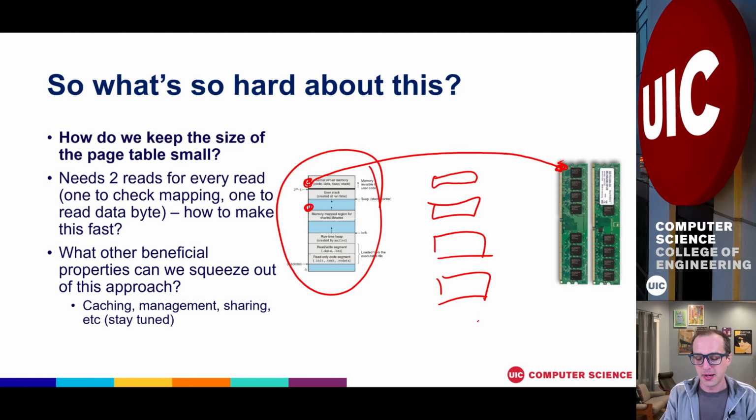And spoiler alert, we don't do it that way. We have entire pages that we're mapping back and forth. And what we'll see in the next set of lectures for next week is the way that we actually do that on a page-by-page basis, rather than an address-by-address basis.